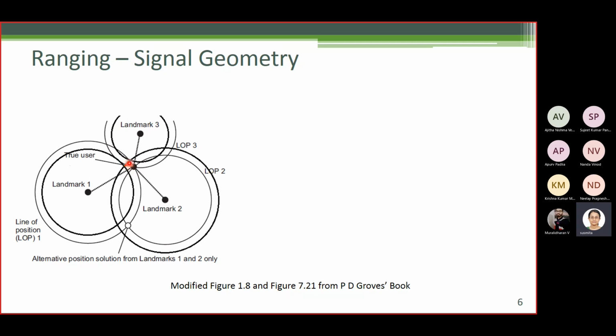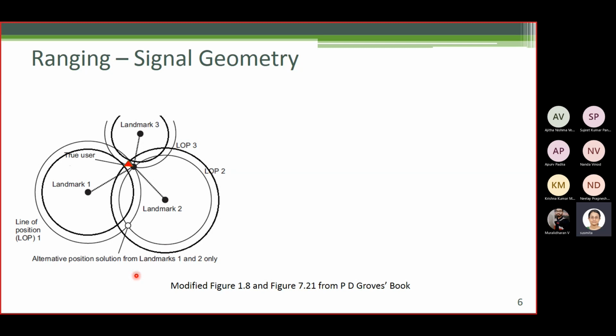This rectangle shows the area of uncertainty of the three bands of circles. So with another transmitter, we have been able to reduce the size of the area to some extent, right? Now our objective is to reduce this area of uncertainty to the extent possible.